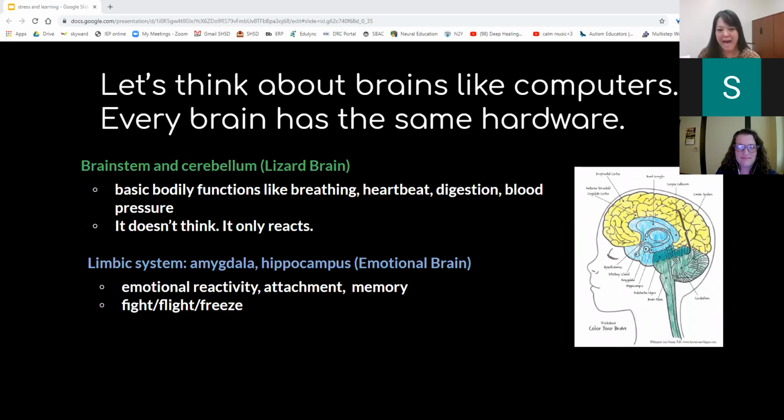That backpack is filled with all of the prior knowledge, background experiences, and memories of the student, the hippo. It's that backpack, those memories, that we hook new learning onto. So the hippocampus is a super important part of the brain.